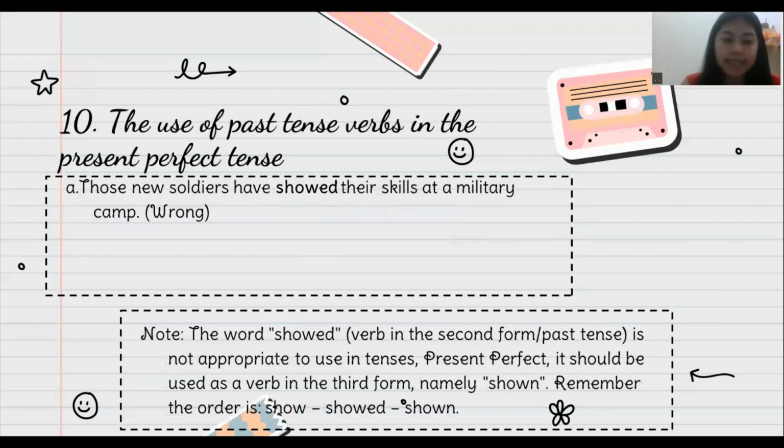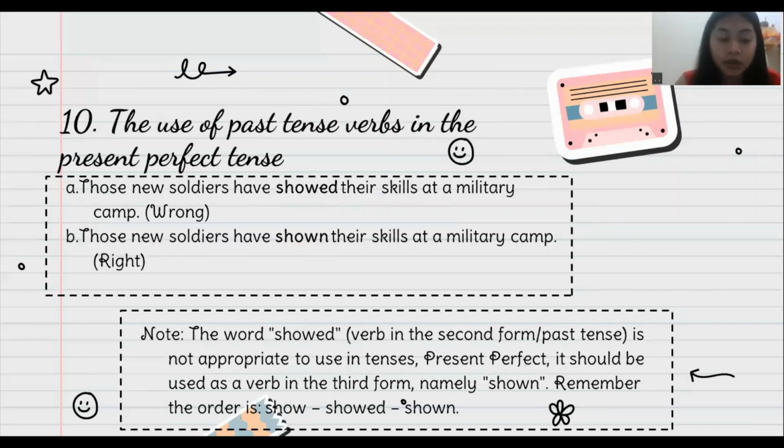And for the last is the use of past tenses verbs in the present perfect tense. For the example, "Those new soldiers have showed their skills at military camp." The sentence is wrong, and for the right sentence is, "Those new soldiers have shown their skills at military camp."